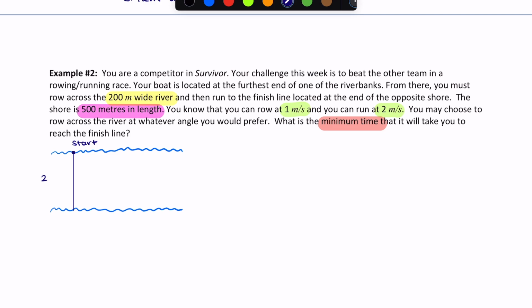We know that we're going to row across the 200-meter wide river, and then from there it's 500 meters in length along the opposite shore to the endpoint.